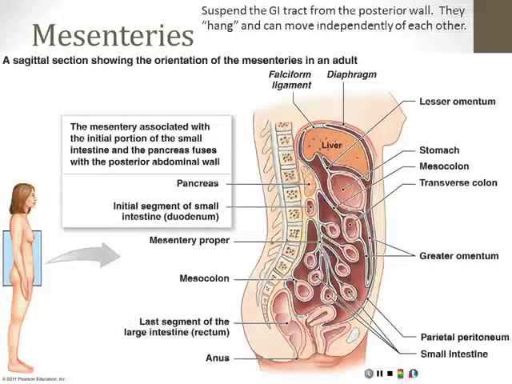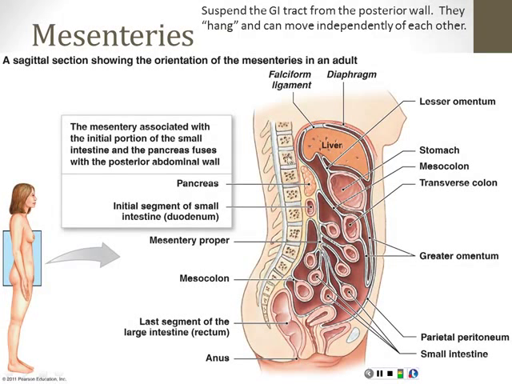Okay, so the digestive tract is kind of suspended in the abdomen by these folds of tissue that we call the mesenteries. So, we know that the digestive tract is a long muscular tube, right? So if you think of a garden hose, it's also a tube.